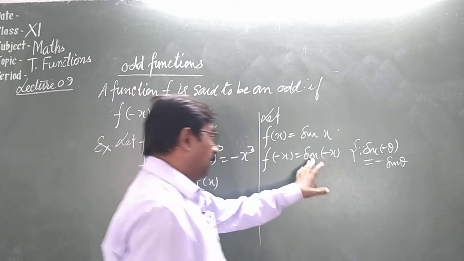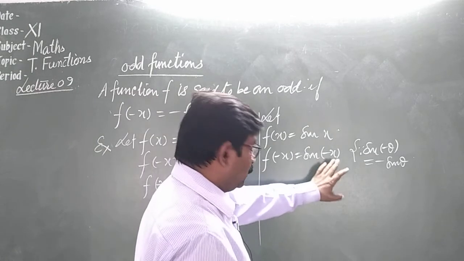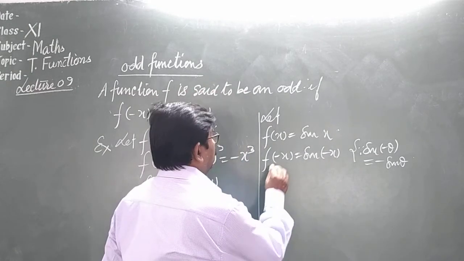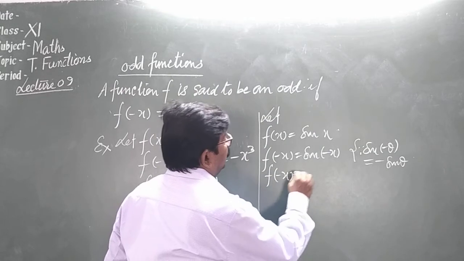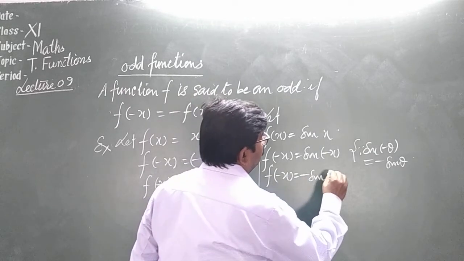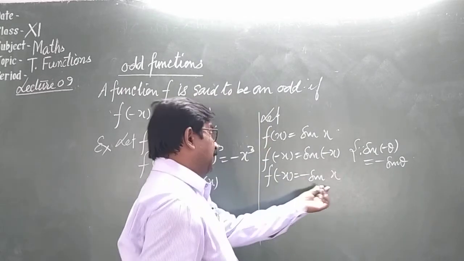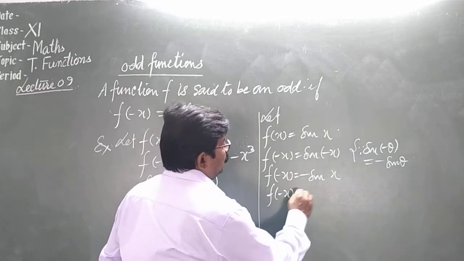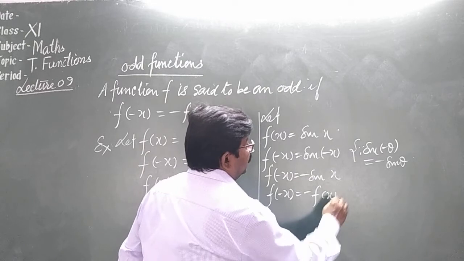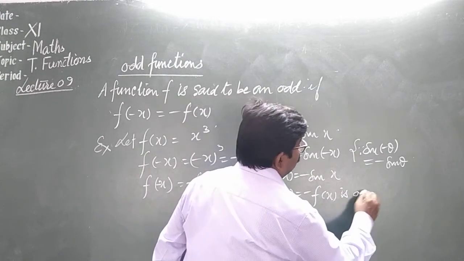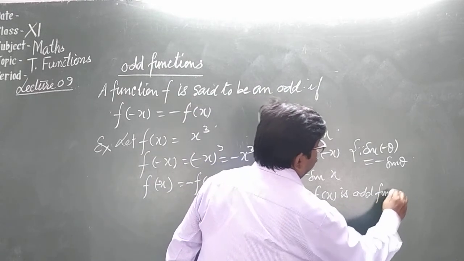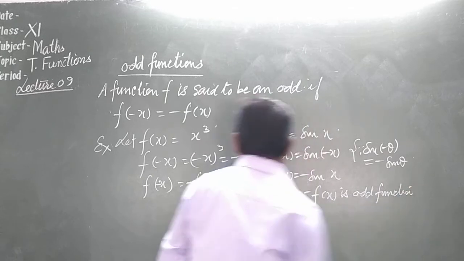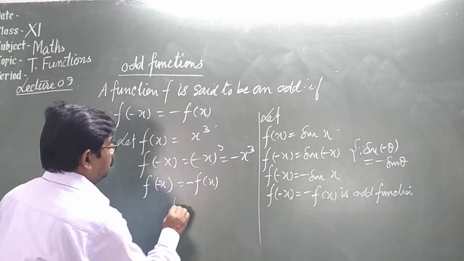So f of minus x is equal to minus sin x, and sin x is f of x. So f of minus x is equal to minus f of x is an odd function.